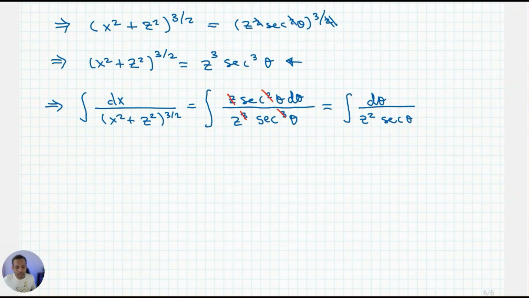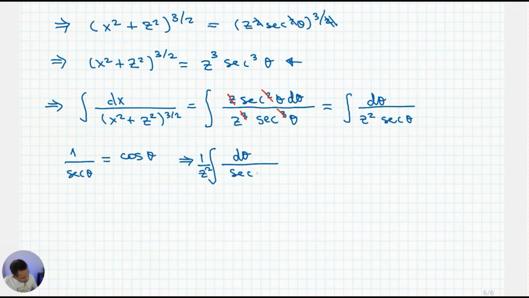Now we have another trigonometric identity: 1 divided by secant of theta is equal to cosine of theta. So we get that the integral is the integral of d theta divided by z squared secant of theta. Taking z squared out of the integral, this is 1 divided by z squared times the integral of cosine of theta d theta.